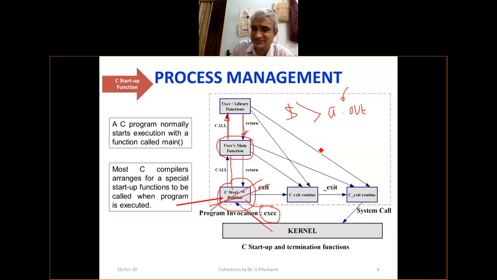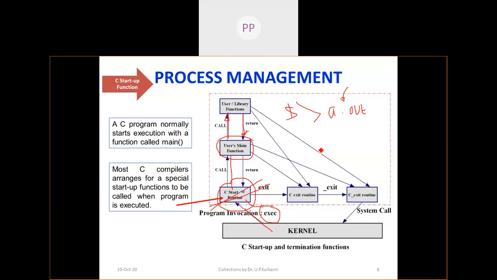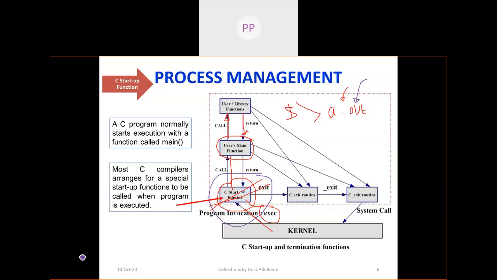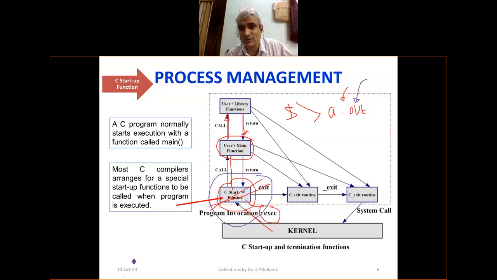Expecting that you know that is also not right here. There is something called the C startup routine. The C startup routine will call the main of a.out, and then your program will start executing. It is something like God, I'm telling. When I say this is God, you have to believe it and go.